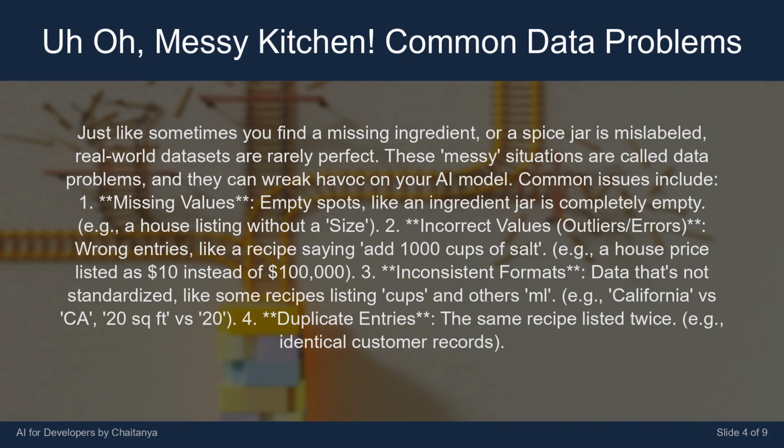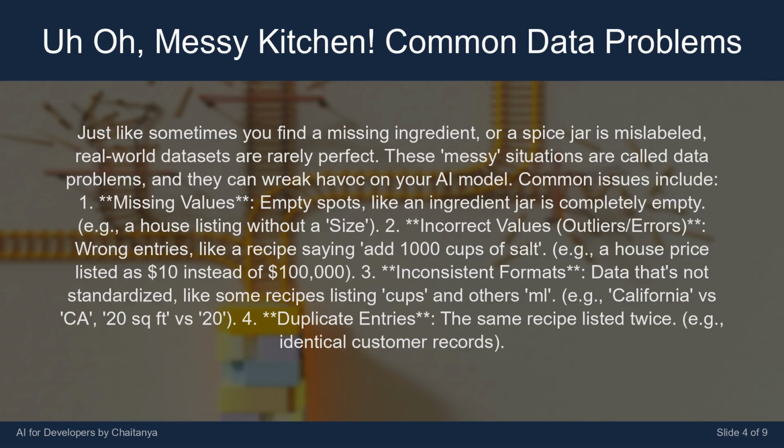Common issues include: 1. Missing values. Empty spots, like an ingredient jar is completely empty, e.g., a house listing without a size. 2. Incorrect values. Outliers, errors. Wrong entries, like a recipe saying, add 1,000 cups of salt, e.g., a house price listed as $10 instead of $100,000. 3.